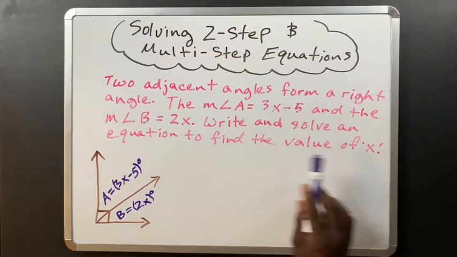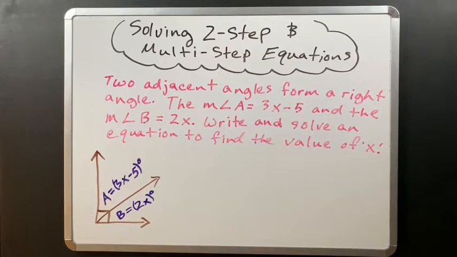And we have to write an equation to solve this problem. Now, I always say this is a geometry problem, even though it falls under the category of Algebra 1. I say write an equation based on what you understand about the problem. Okay. Now, we understand that we have two angles that add up to equal 90 degrees.